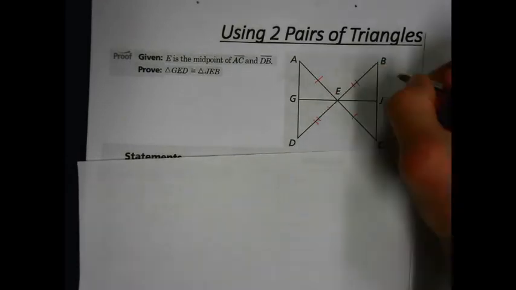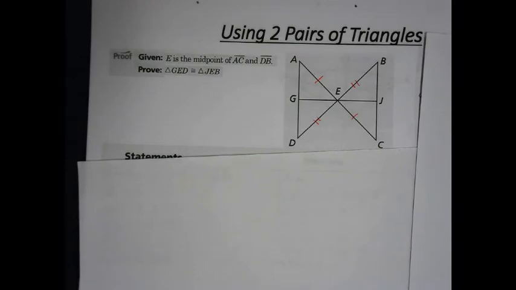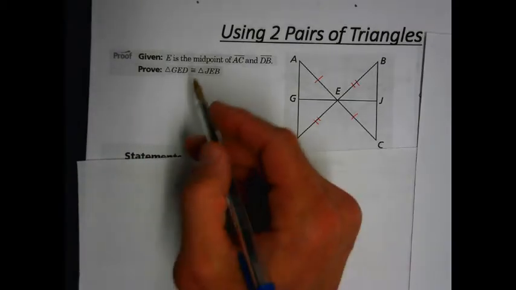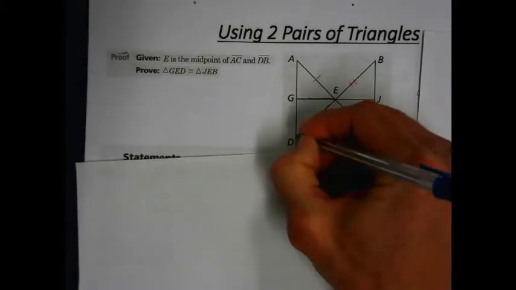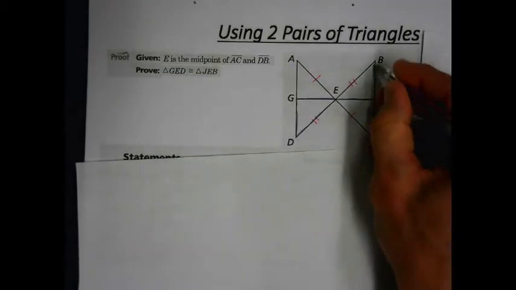Okay, so we got to remember that now. That's going to be an interesting thing. So if that's all we're given, somehow we have to prove that these two triangles, GED and JEB, are congruent. So that's going to be a challenge.